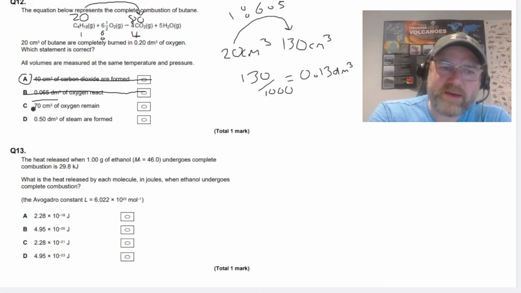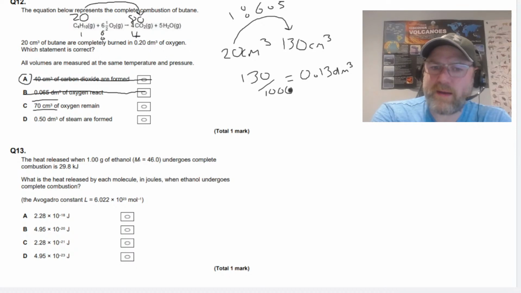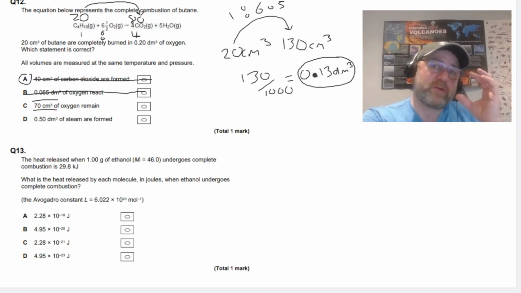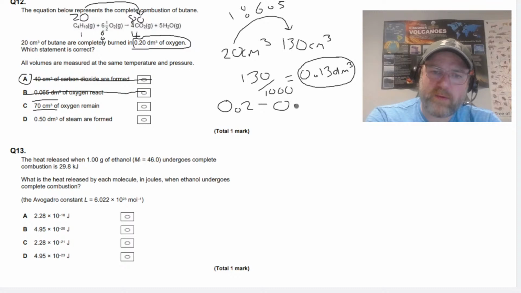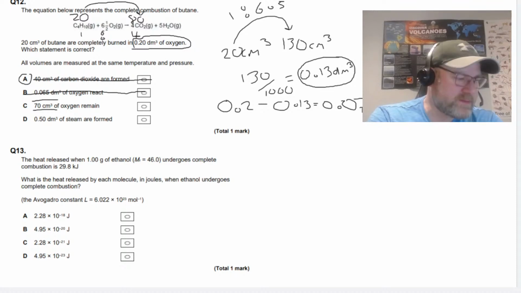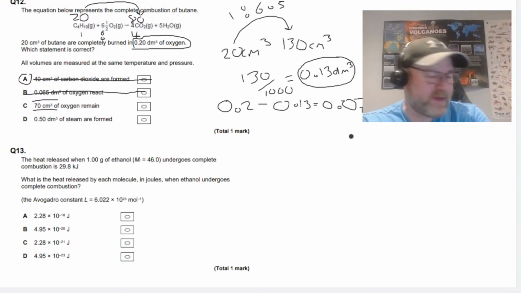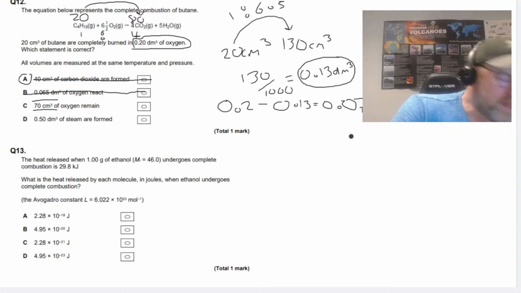It then says 70 cm³ of oxygen remain. We've just worked out that 0.13 dm³ of oxygen reacted. They told us here that we had 0.2 dm³. So if you go 0.2 minus 0.13, we are left with 0.07 dm³. Hopefully I've not just written over my face. Yeah, of course I have.